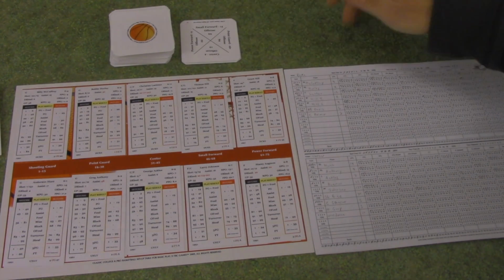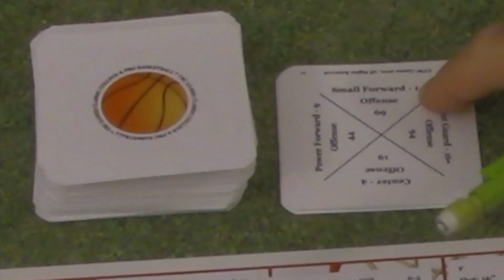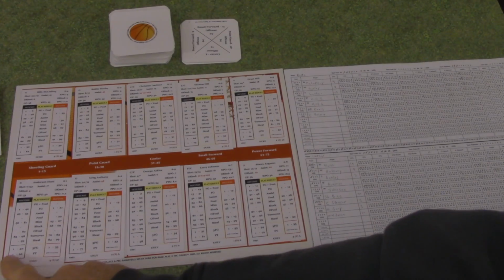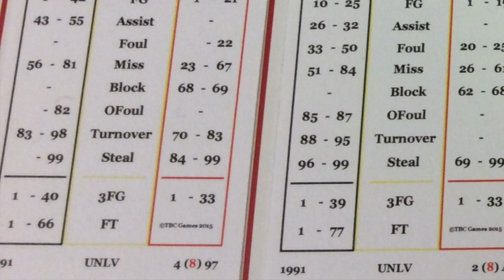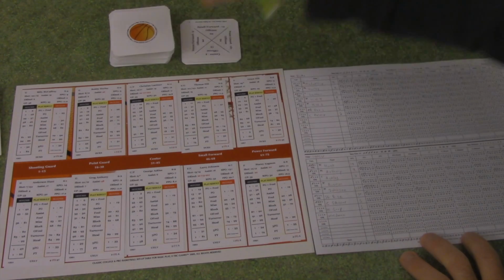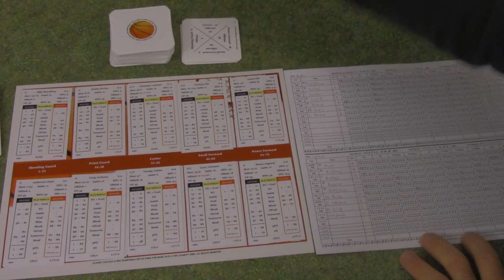So we'll flip the next card. We're looking at his card because it's offense, and it's a 69. We'll go down to his 3-point field goal, and a 69 is going to be outside of it, so it's a miss. So we'll mark down that he missed a 3-point field goal, and now we'll do a rebound sequence.